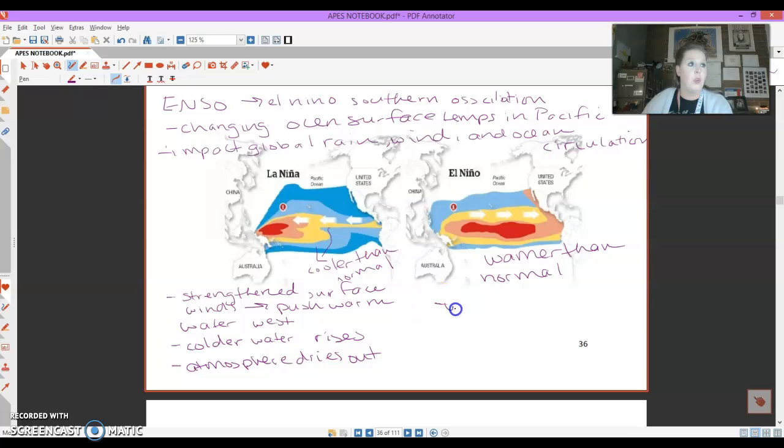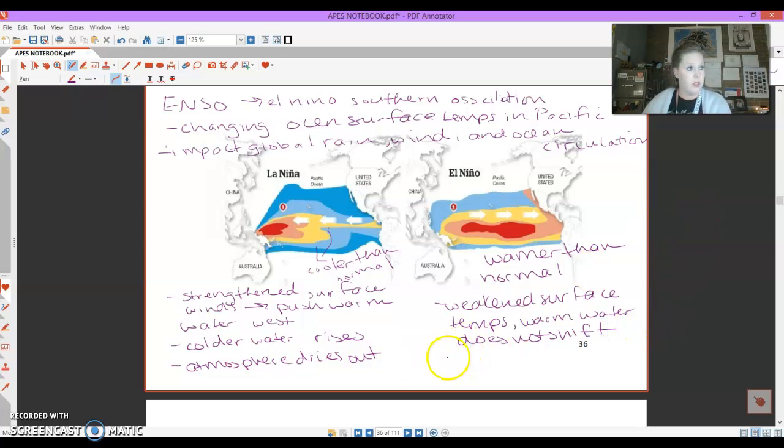So we have weakened surface temperatures. So the warm water does not shift.